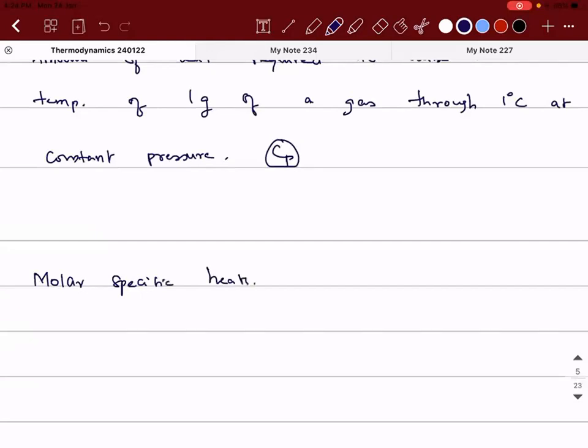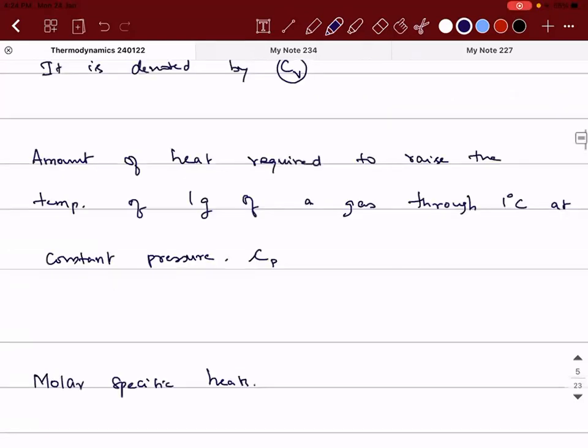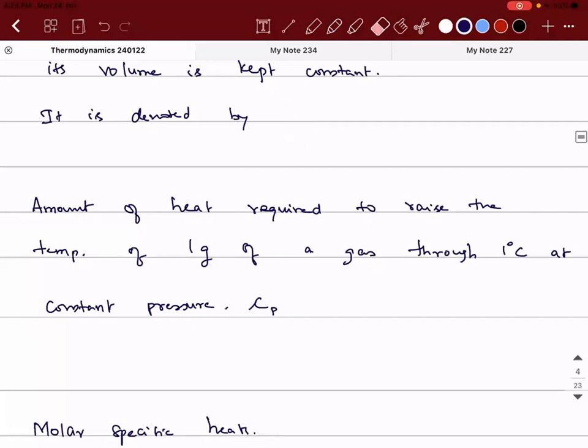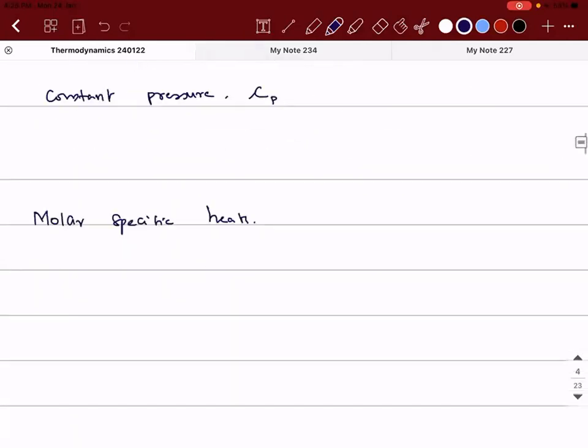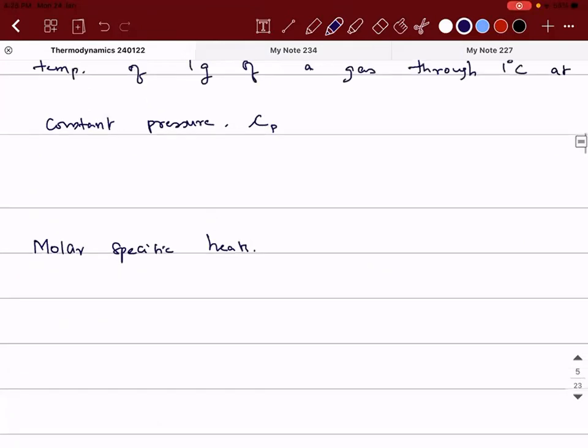To differentiate, this Cp can be represented with a small c and a p, and this can be represented with a small c and a v.